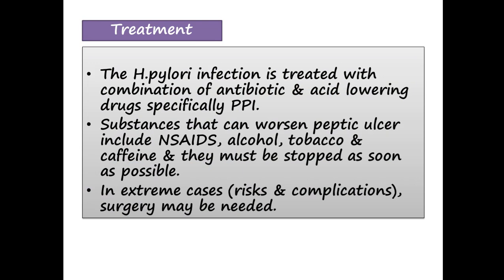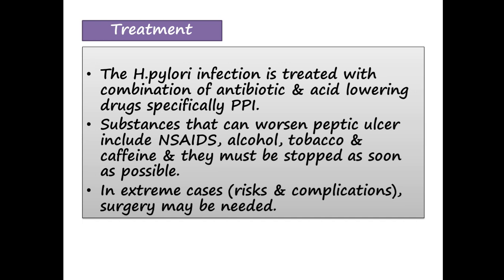The treatment of peptic ulcer disease depends on the underlying cause. If the underlying cause is removed, the disease is treated very well. This should be done before the peptic ulcer disease progresses so much as to cause serious complications.